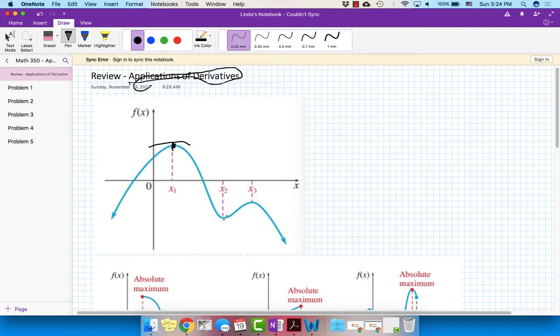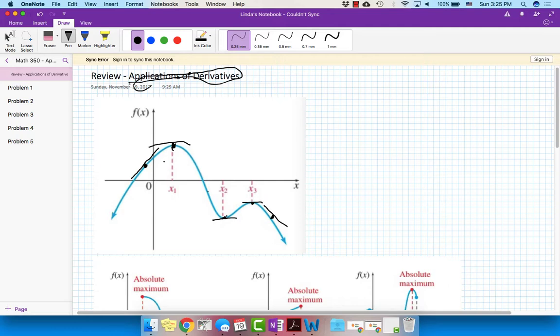And here is another point where the slope is 0 when you take the derivative, okay? And then at any other point, let's say for this one right here, you can see that the slope is not 0, the slope is some positive value. And then let's say you have some point right here, you can see that the slope has some negative value, but not 0.